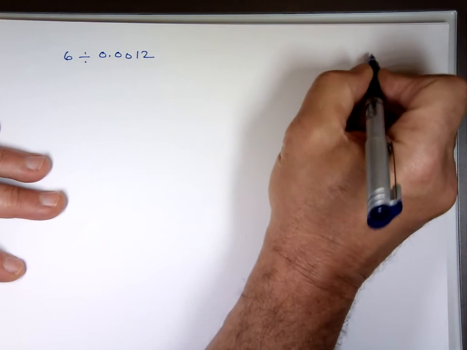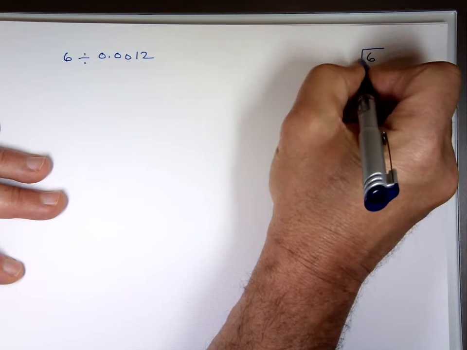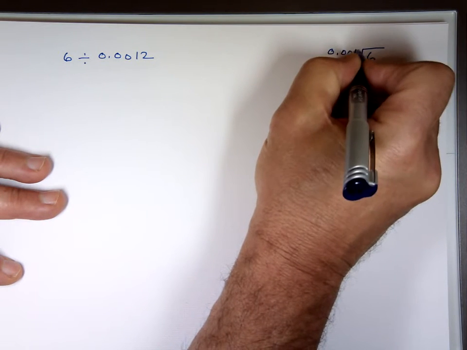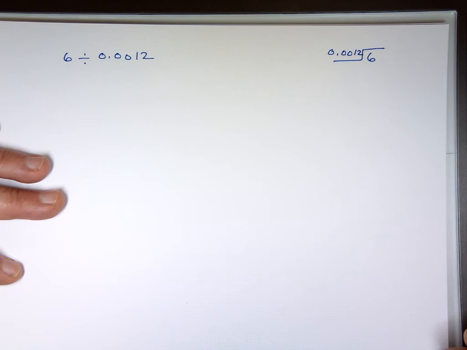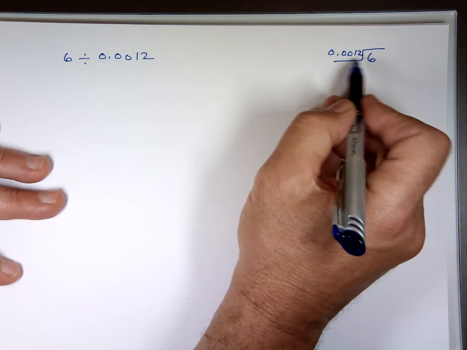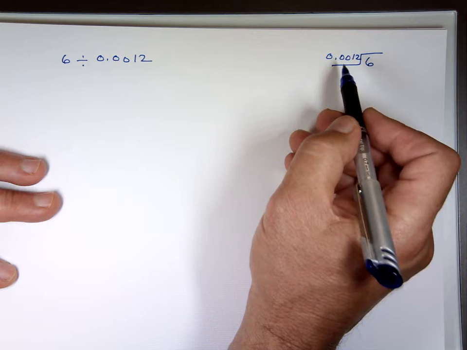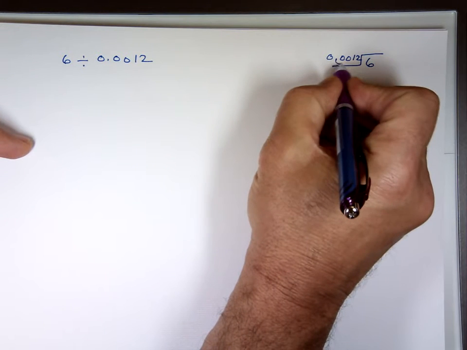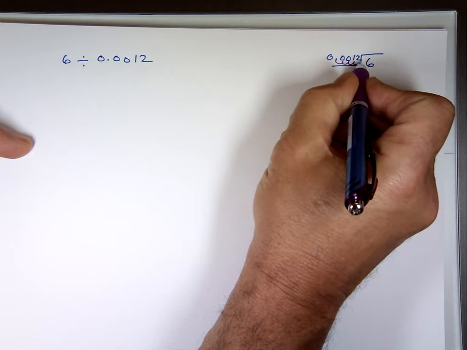Again, you go to divide them, you go 6 divided by 0.0012. That's not good. This number is not a whole number. So I need to move it to the right. How many places? 4. 1, 2, 3, 4.